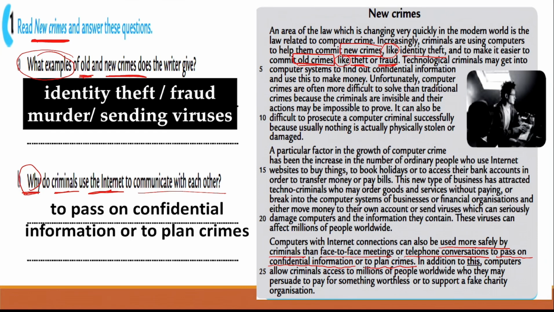So here I have the reason and the answer to the second question, to pass on confidential information or to plan crimes. This is how we can answer comprehension questions. You read and then you annotate or underline the words that tell you about the answer, and then you can write your own answer.